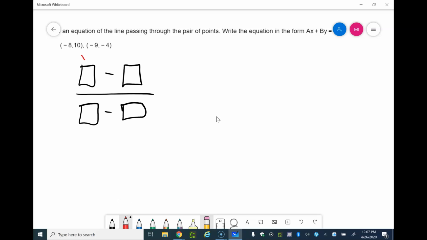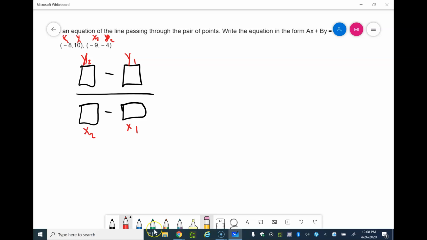So remember, this is y2 minus y1 over x2 minus x1. It can help to put the x1, y1, x2, and y2 up on the top of it so you know where to place what.